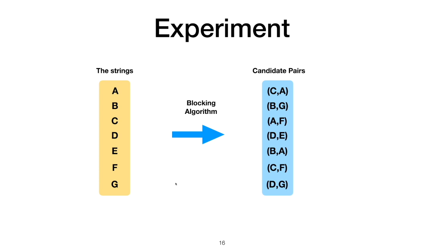So now we have this reduced set of candidate pairs. Then we can pass them to our metric functions, such as soft TF-IDF, to get their corresponding scores, or what we call the similarities.